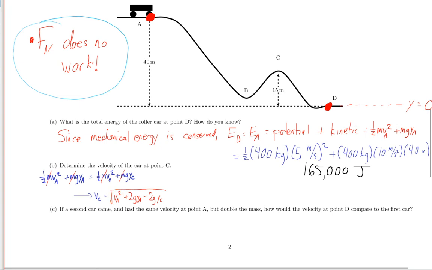Part C finally says if a second car came and had the same velocity at point A but double the mass, how would the velocity at D compare to the velocity of the first car? The mass of the car doesn't matter, right? We canceled it a bit ago, right?